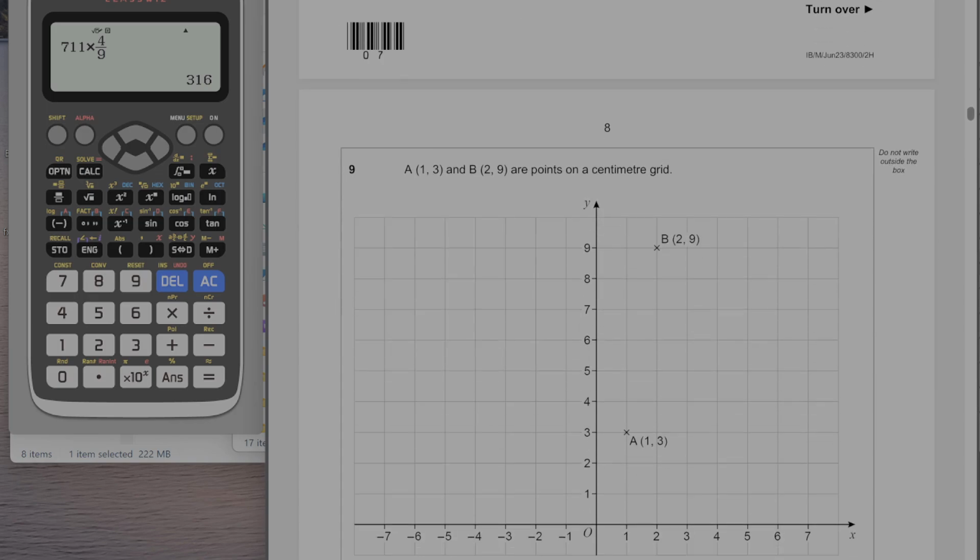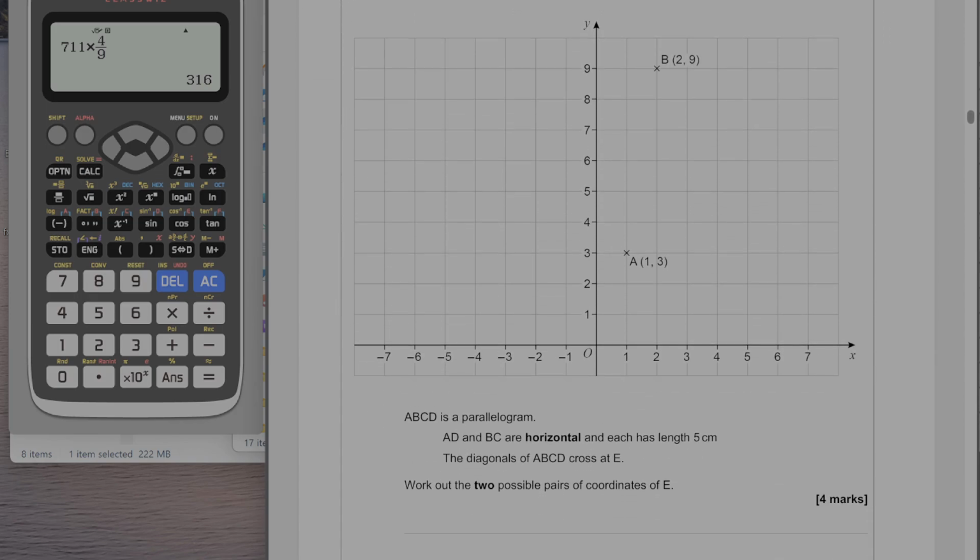Right, question 9. So A is (1, 3), B is (2, 9), points on a centimetre grid. ABCD is a parallelogram. AD and BC are horizontal, and each has a length of 5 centimetres.